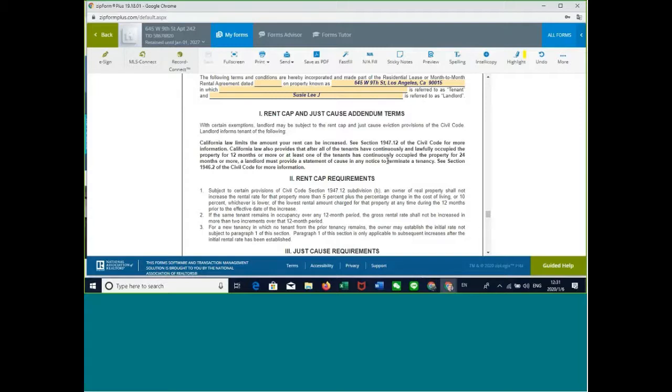That means 30-day notice and 60-day notice are no longer good to terminate a lease unless your property is exempted.